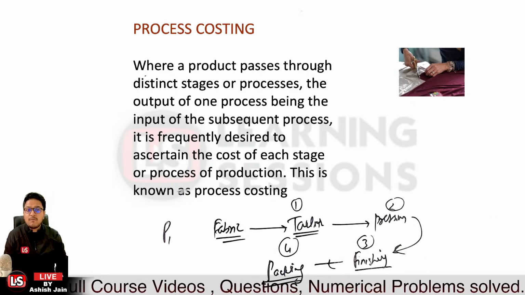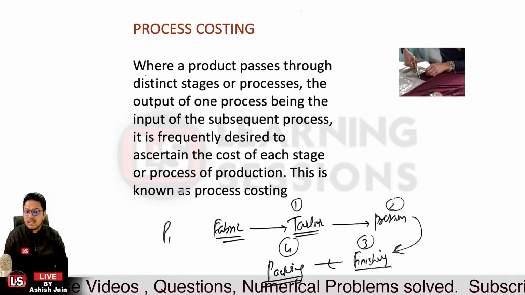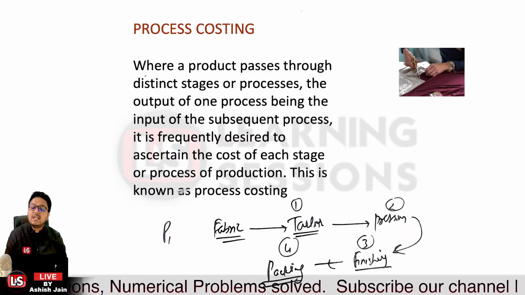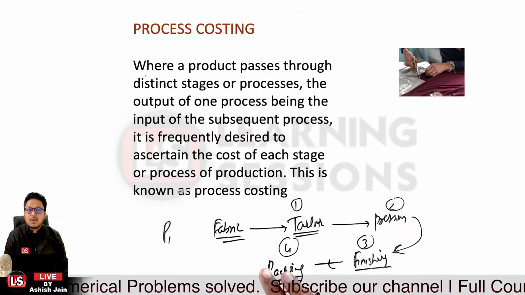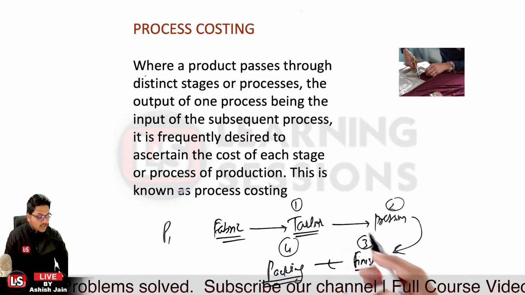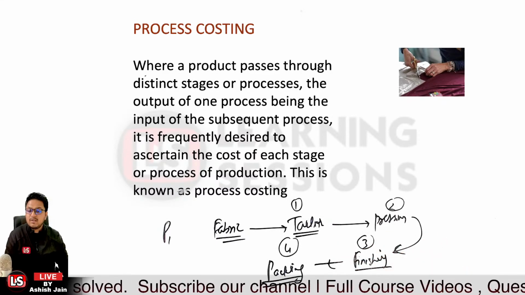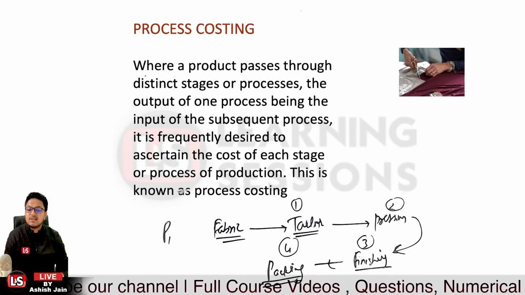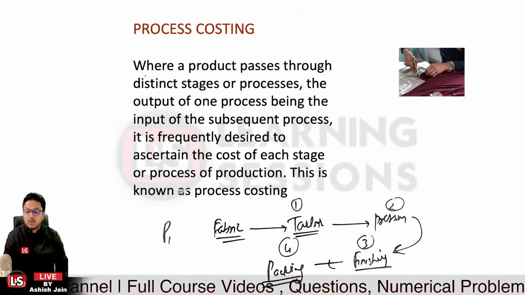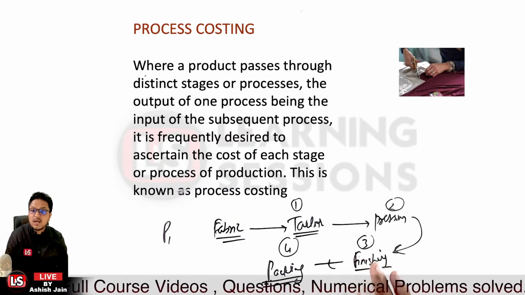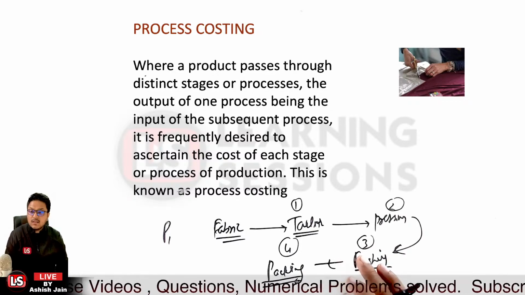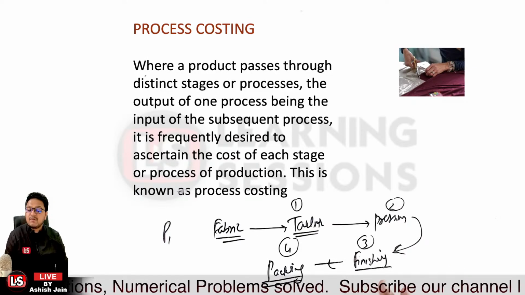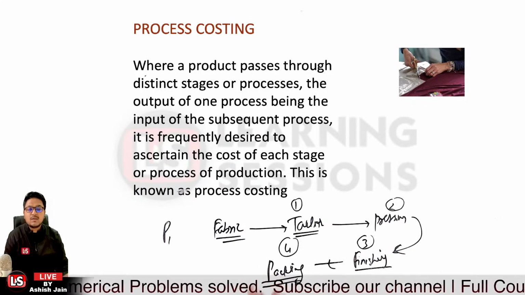In process costing, a single process may have multiple jobs associated with it, so it is different from job costing, because in job costing we were looking for a single job to be done, and those jobs were not comparable. But in this case, different processes are undertaken, and a different process may have different jobs associated with it. So that is process costing.